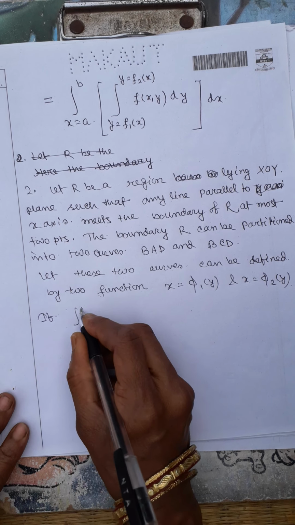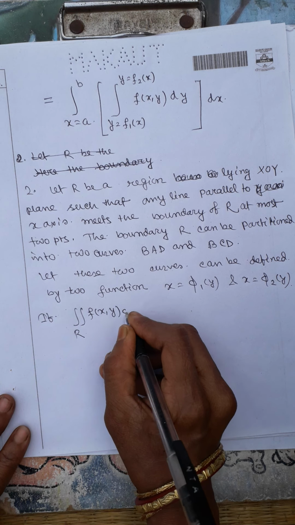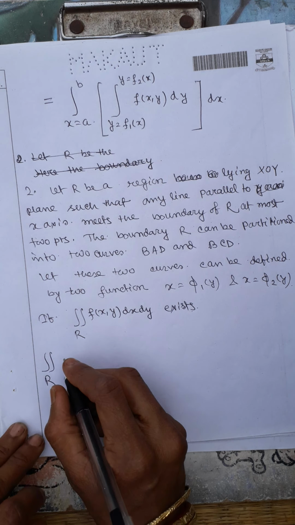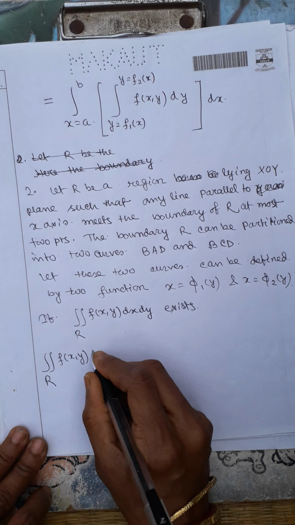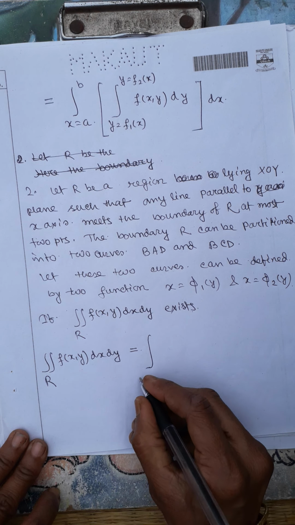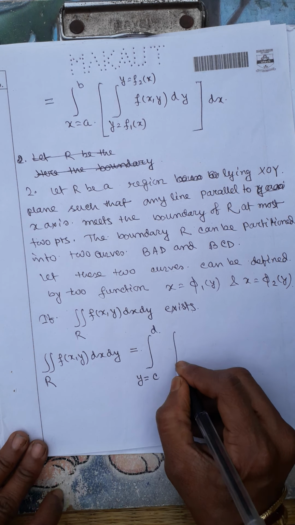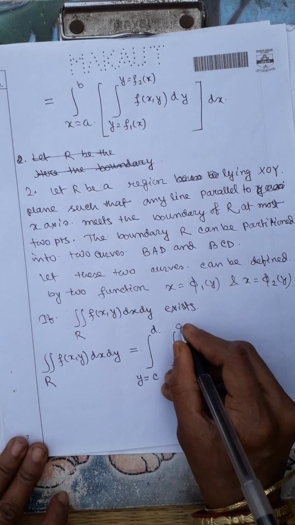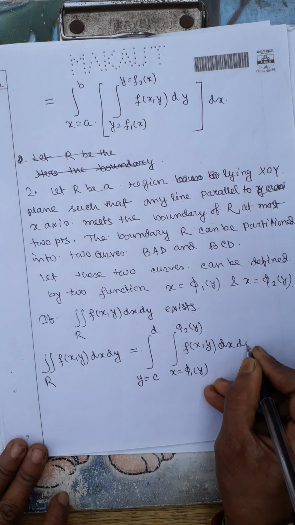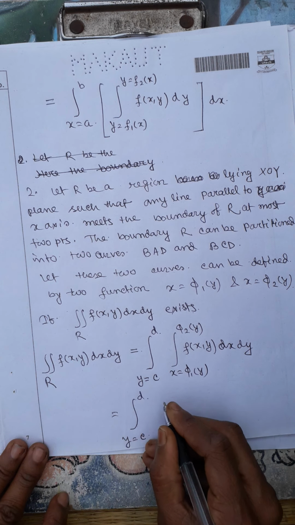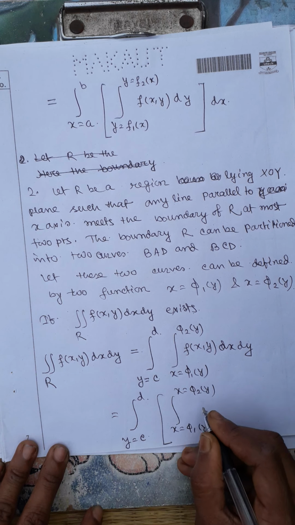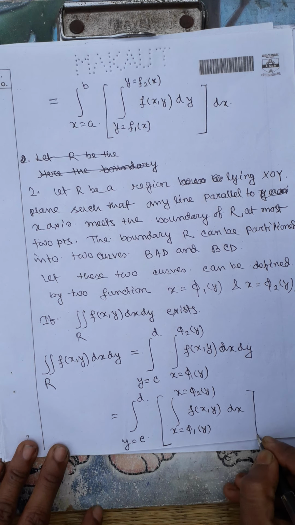Then if the double integration over the region R of f(x,y) dx dy exists, then it is equal to, here x is a function of y, so the limit is y equals c to d, and x equals phi 1(y) to phi 2(y), f(x,y) dx dy, which can be written as the integral from y equals c to d, x equals phi 1(y) to x equals phi 2(y), f(x,y) dx dy.